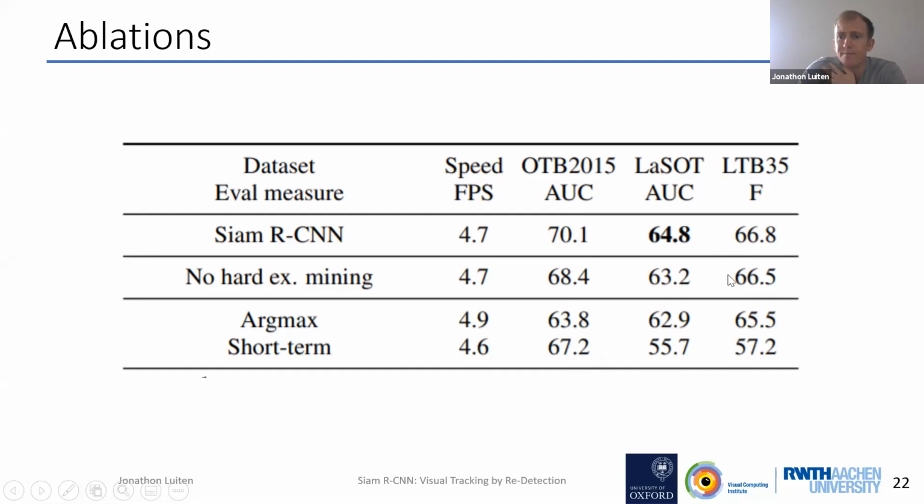Now, interestingly, LaSOT and the LTB, these are long-term tracking data sets. So in this case, the object can disappear and come back. And this was one of the cases that we wanted to really improve. When you do the short-term tracking algorithm, when you have this kind of hard constraint on the temporal consistency, and the object disappears and comes back, well, in those frames where it's disappeared, you're still predicting something. These benchmarks require you to predict something, but usually score it low.